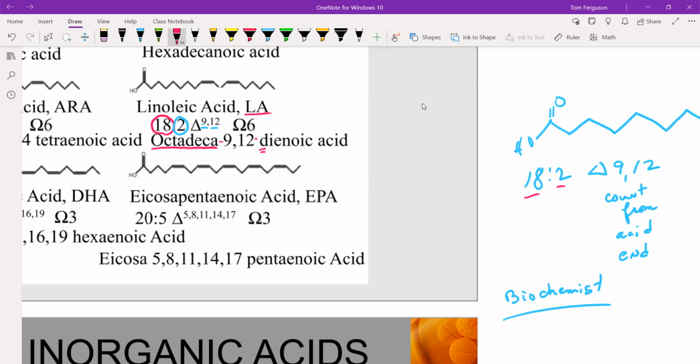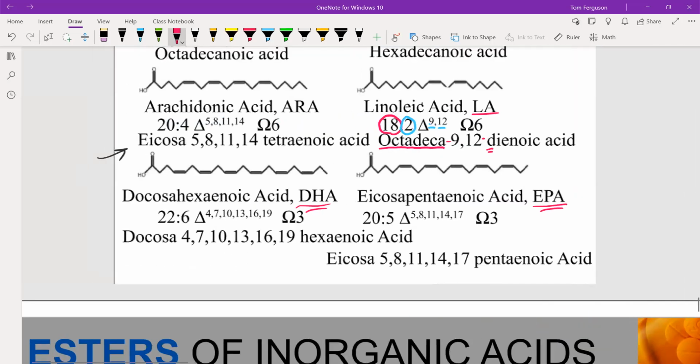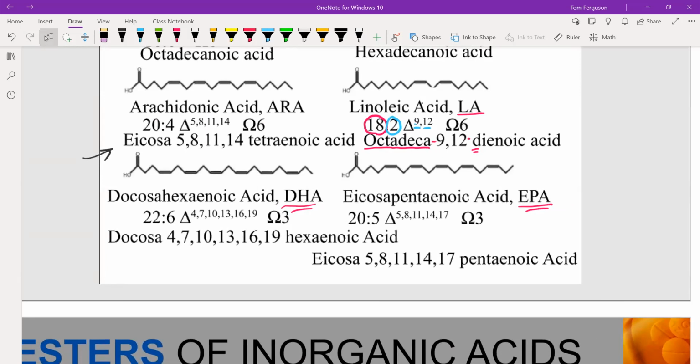Biochemists use abbreviations a lot. Anytime there's an article, they'll define it right at the beginning, and then they'll have LA, LA, LA from then on. ALA. When you buy omega-3 fatty acids, frequently you'll have this one and this one in the bottle. Those are longer yet, and they have a lot of double bonds.